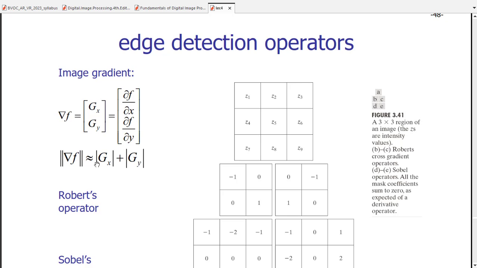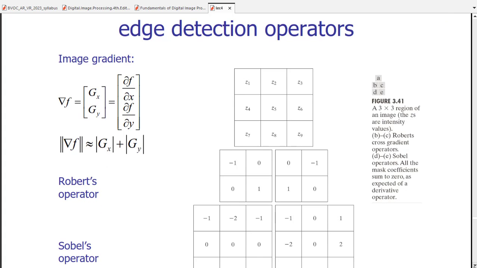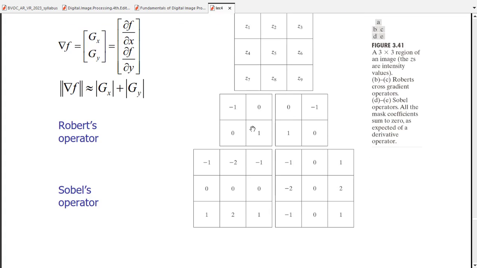The Sobel operator uses a 3 by 3 kernel: -1, -2, -1, 0, 0, 0, 1, 2, 1, and its transpose is also supported. So edge detection based on Roberts and Sobel operators depends on highlighting edges in the spatial domain.